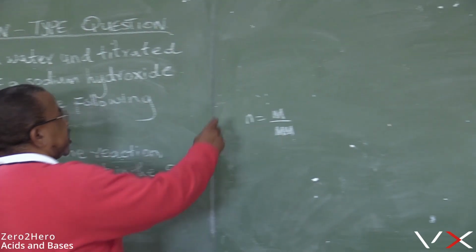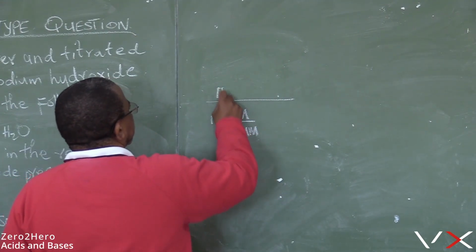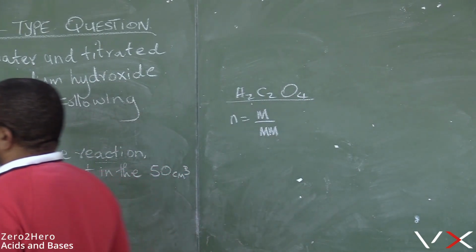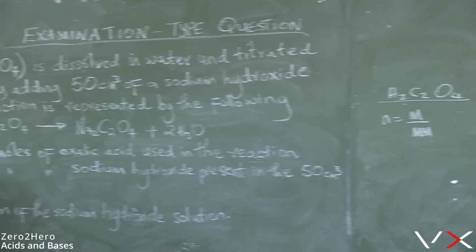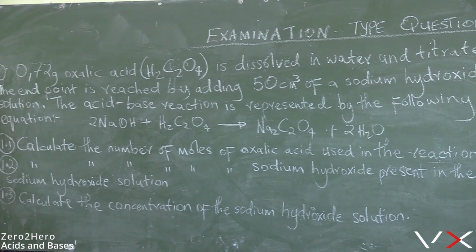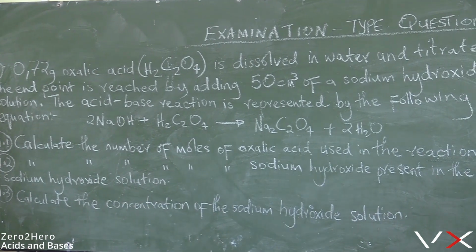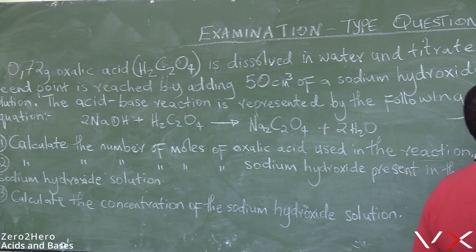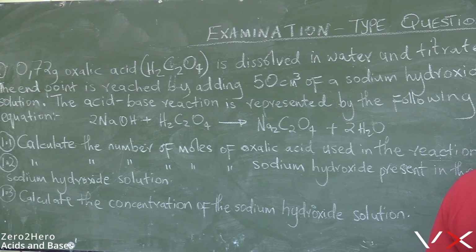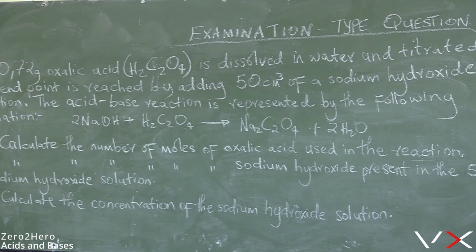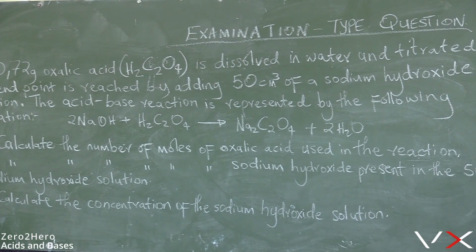Mass of oxalic acid, H2C2O4. So we want the number of moles that are in that solution of oxalic acid that was used for reaction. So mass is 0.72 grams. Then molar mass of H2C2O4. Then what do we have?